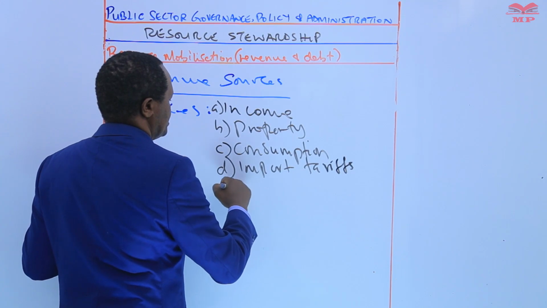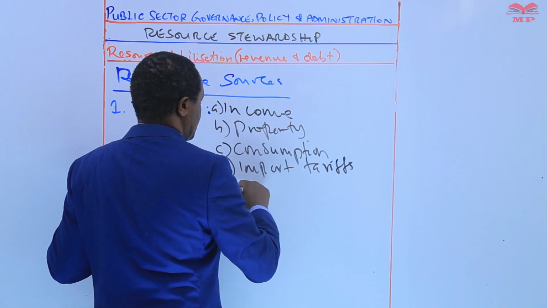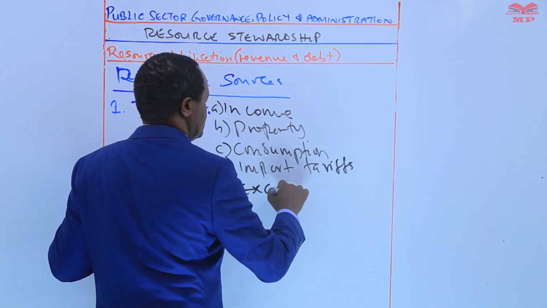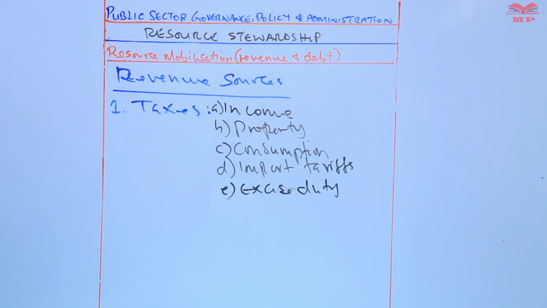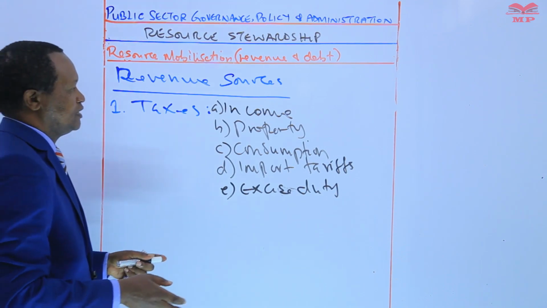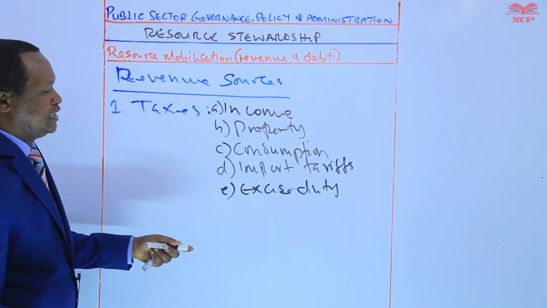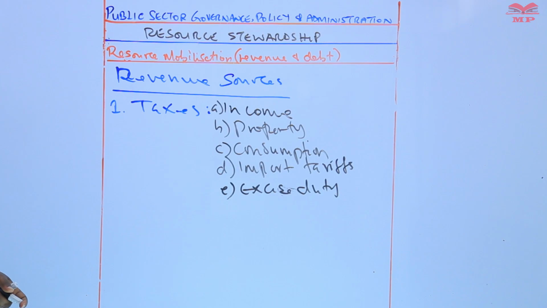We may have taxes on excise duty, and so on. So the main source of revenue for most governments is taxes, and we have identified things that the government can levy tax on: income, property, consumption, imports, and other areas like the import tariffs, the excise duty, and so on.